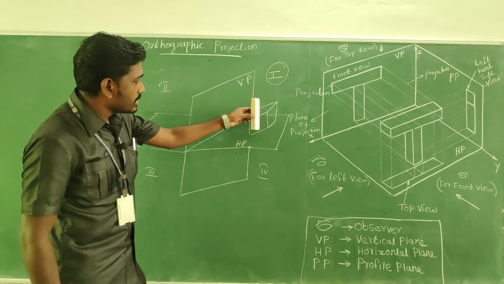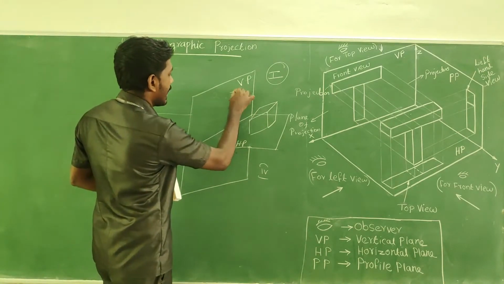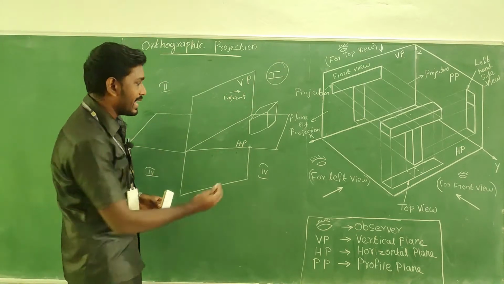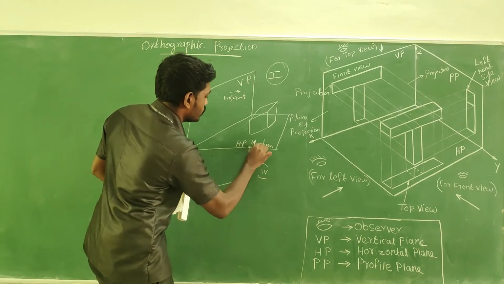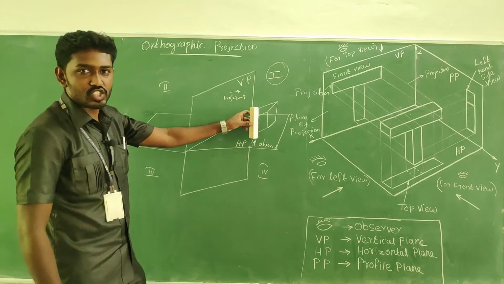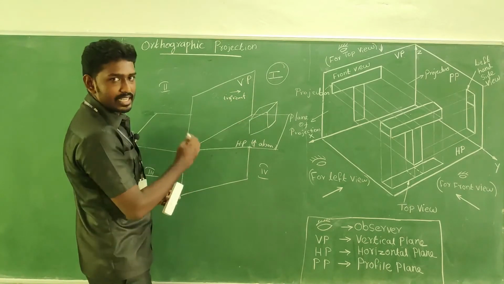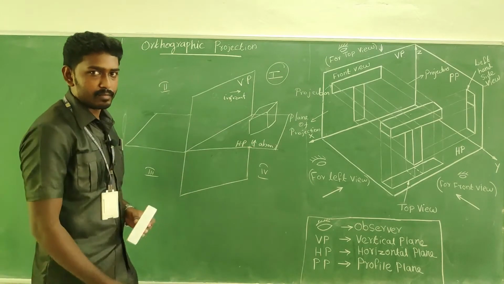So we used to state the location of the object like in front of VP and above HP. So if the object is kept in the first angle or first quadrant, we say the object is in front of VP and the object is above HP, right?